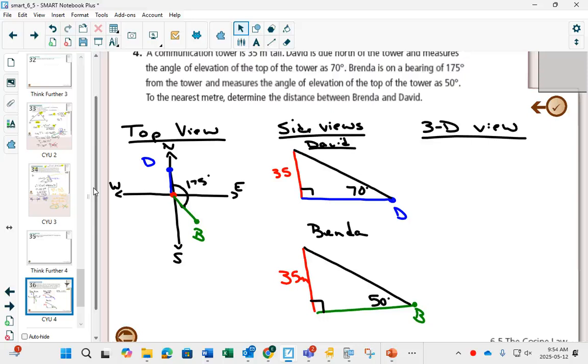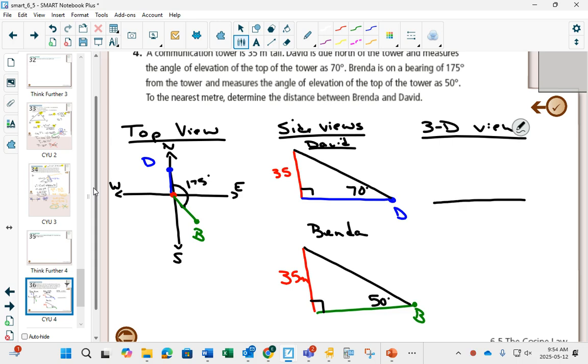So now, how do we draw 3D pictures of this? We have to imagine that these triangles are glued on here. We're going to pick this up, rotate it a little bit, and put it down. And the way that that's usually done is by starting off by imagining that this north, south, east, and west was on a piece of paper that was on a table drawn in 3D.